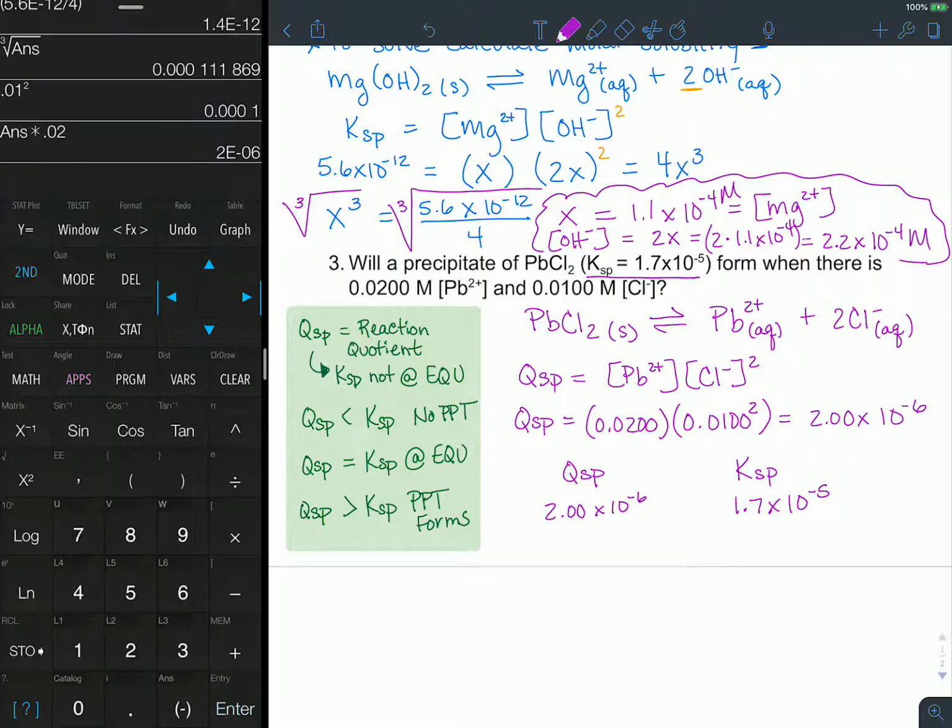It just so happens that the QSP is less than the KSP. And so because of that, no precipitate forms. Okay, so this is a situation right here where QSP is less than KSP, and so there's no precipitate. Okay, so that's it.